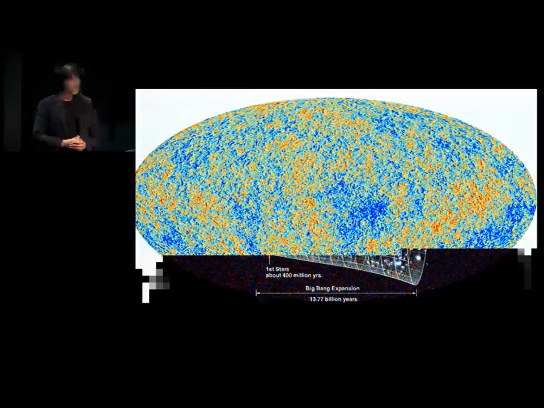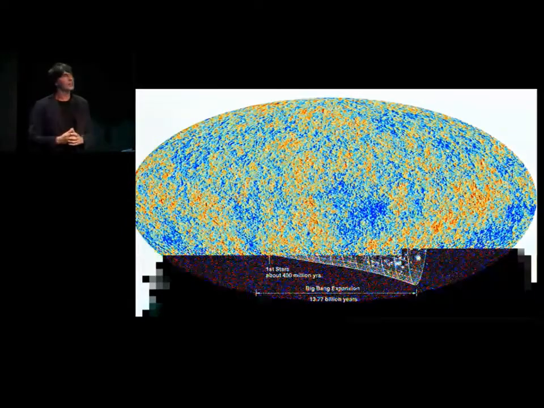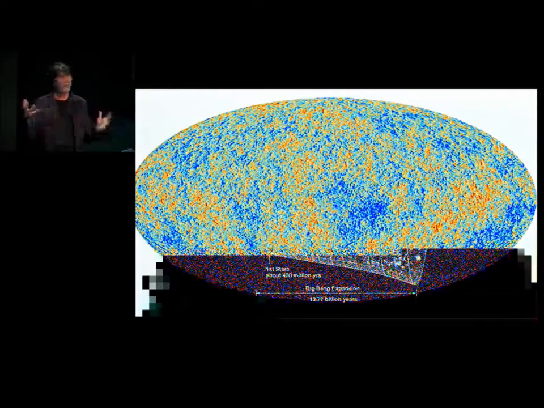The picture, again, is the same as the condensation of the Higgs particles in a sense. The universe was expanding and cooling, and after 380,000 years, it was cool enough for electrons to go into orbit around atomic nuclei. That meant that the universe became transparent for the first time. Before that time, it was a plasma. So there were charged nuclei, mainly hydrogen, helium, and a bit of lithium, and free electrons.